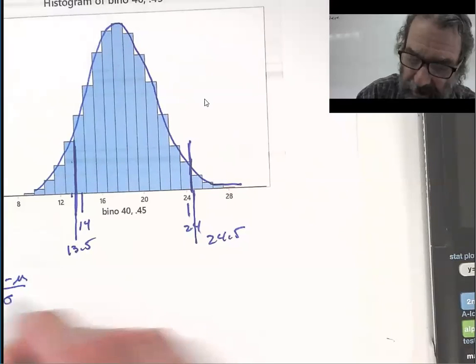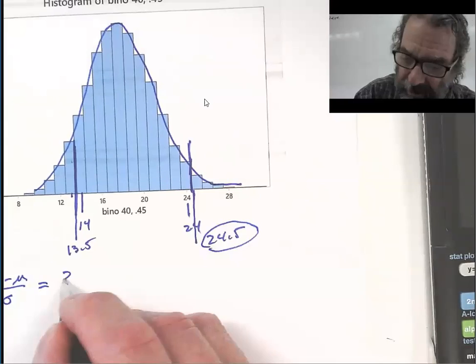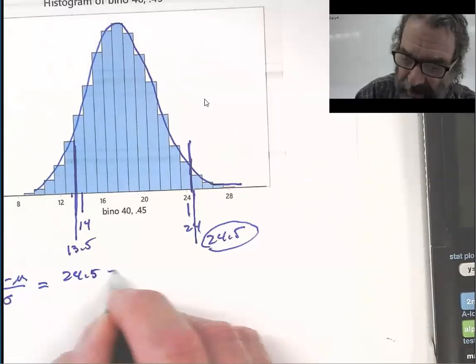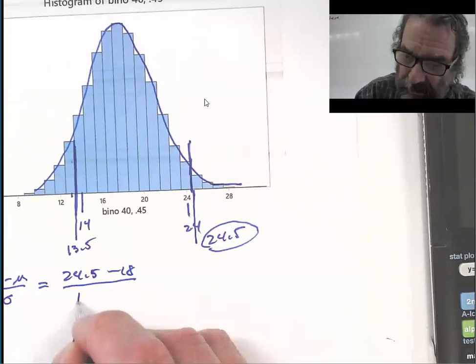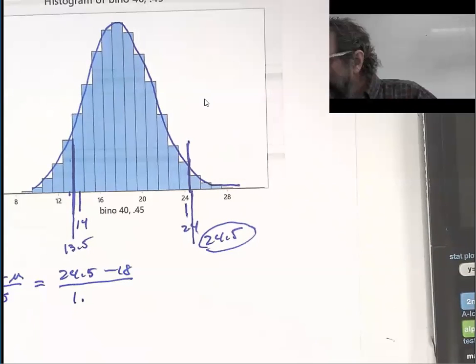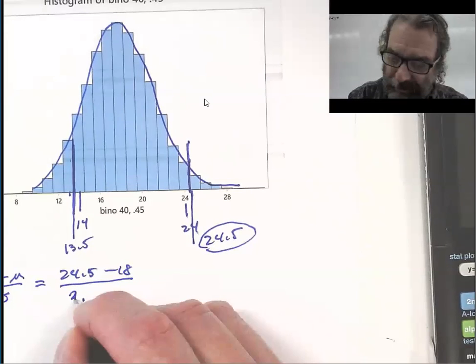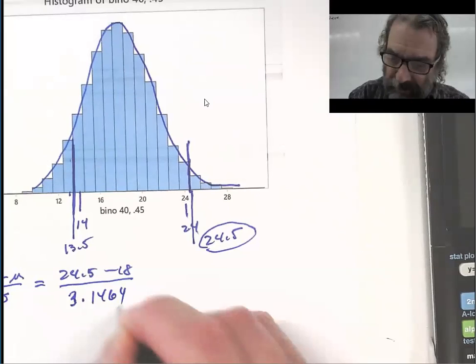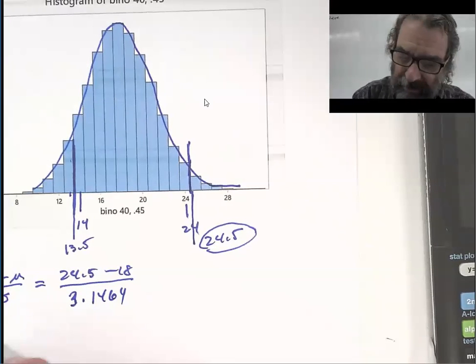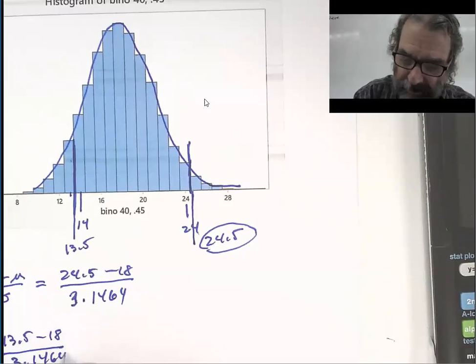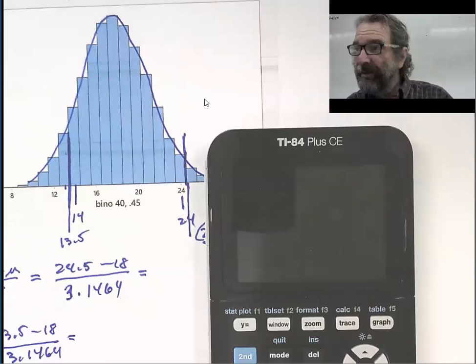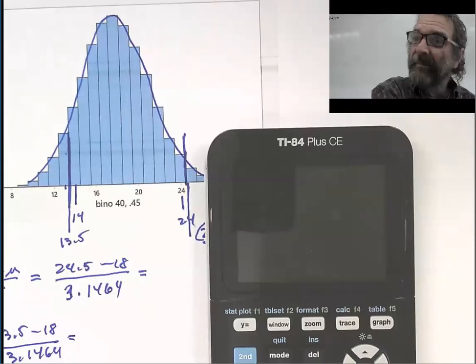We're going to do it for 24.5: 24.5 minus 18, over sigma, which is 3.1464. And for the other z, I'm going to be using 13.5 minus 18, over 3.1464. There we go. I'm zoomed in, but that's okay. I'll zoom out a little bit.